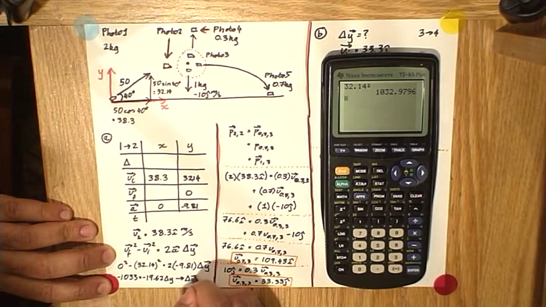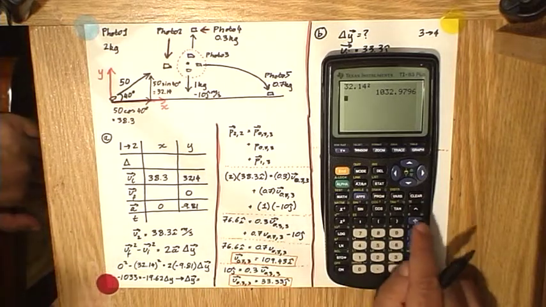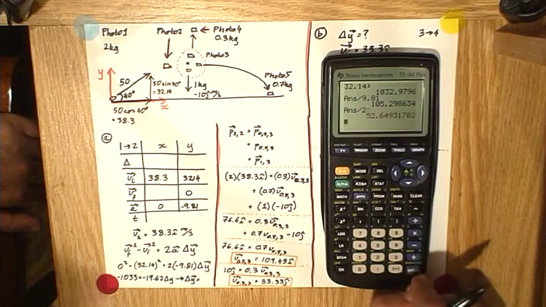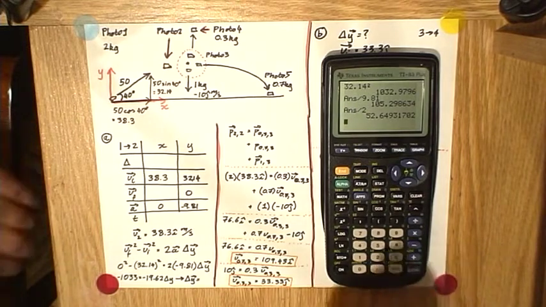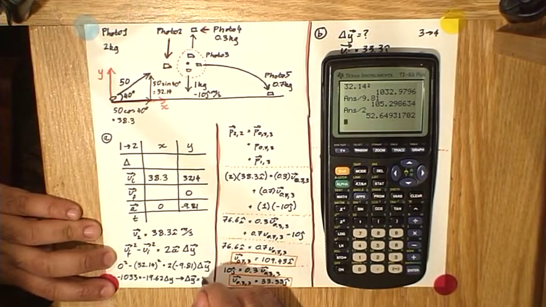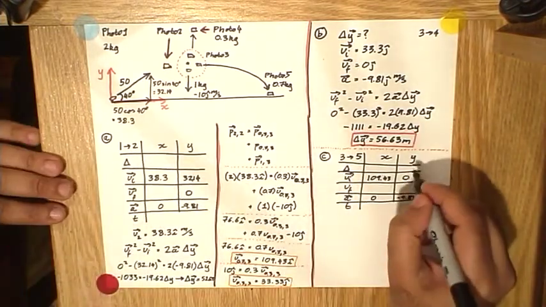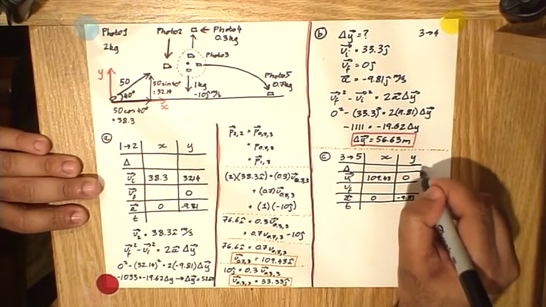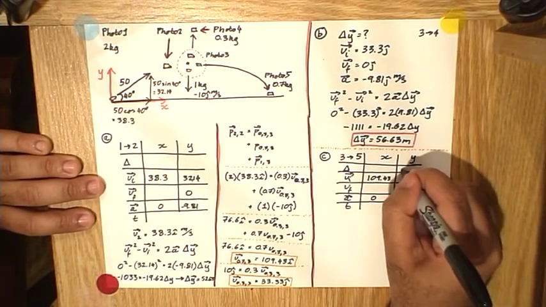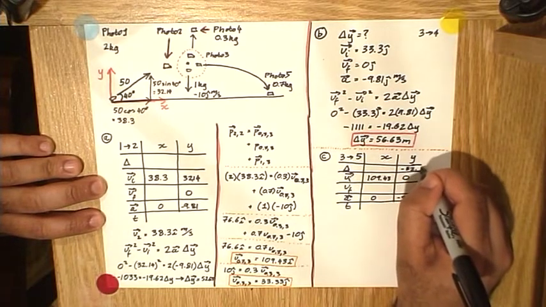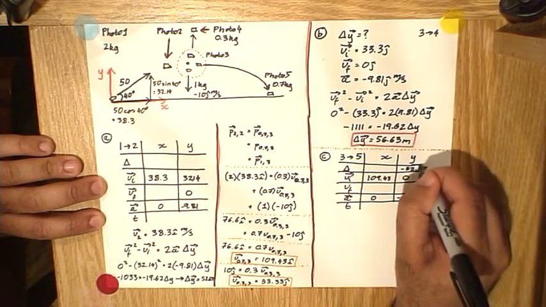Therefore, delta y is equal to 52.65. So that means that our fragment is going to fall by 52.65 meters. Its delta y is going to be negative 52.65.